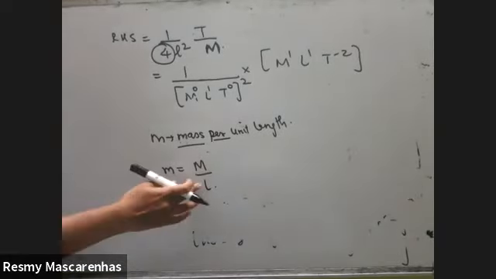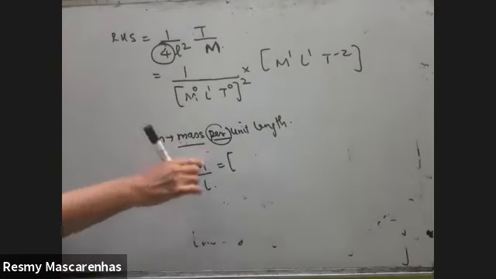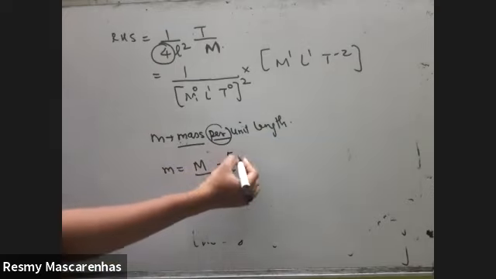So mass per unit length. Per means always whatever is the next one will go here. So mass is what? So we have to calculate this part. Mass per unit length.